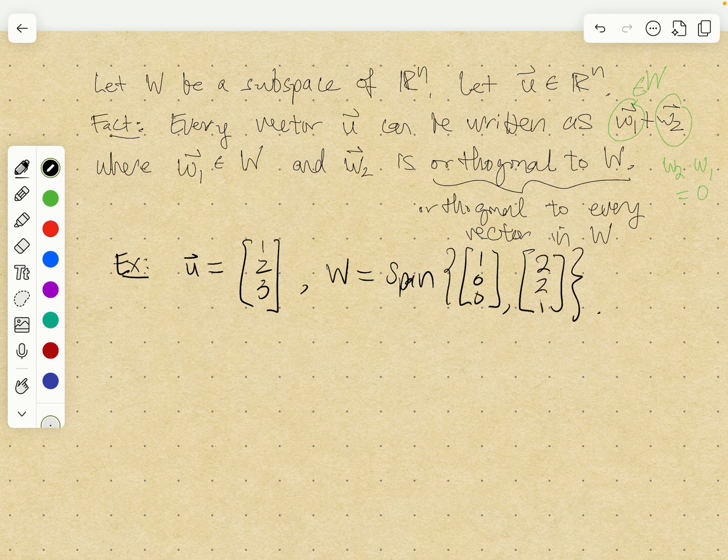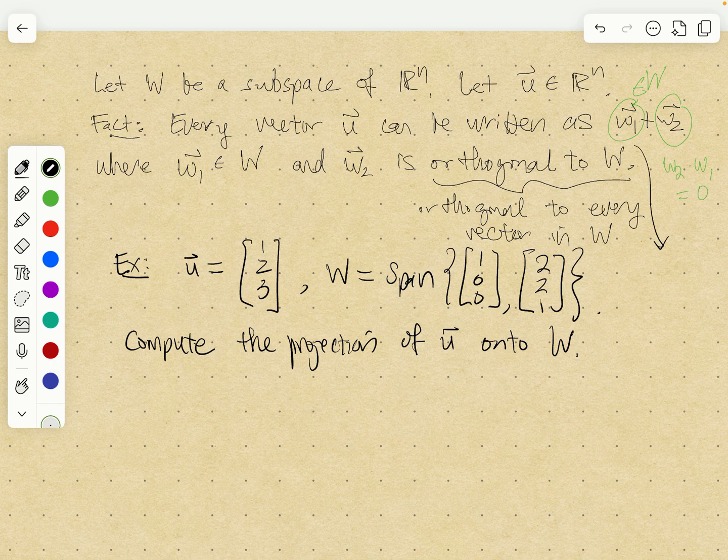And the question is to compute the projection of U onto the subspace W. And by the way, this W1 is called the projection. W1 is called the projection of U onto the subspace W.